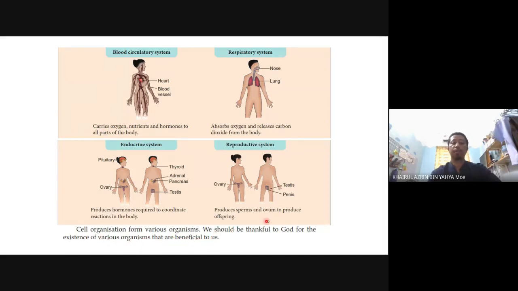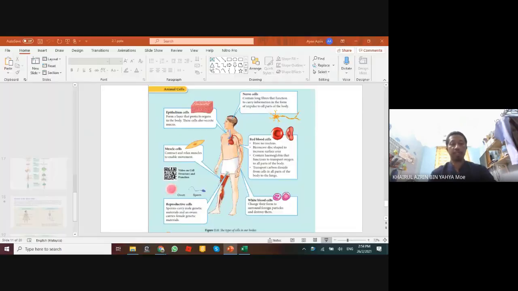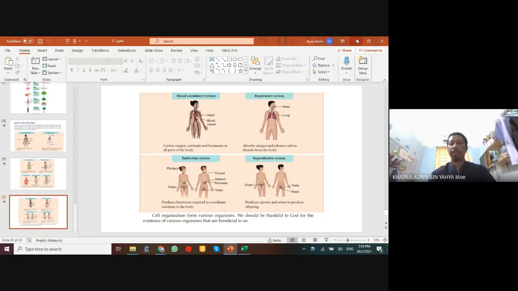Kita sepatutnya bersyukur pada Tuhan sebab banyak organisma hidup yang wujud yang berguna, bermanfaat kepada kita semua. Okay, so that is the conclusion for 2.1. Okay, so we finish here. Now I open the exercise.